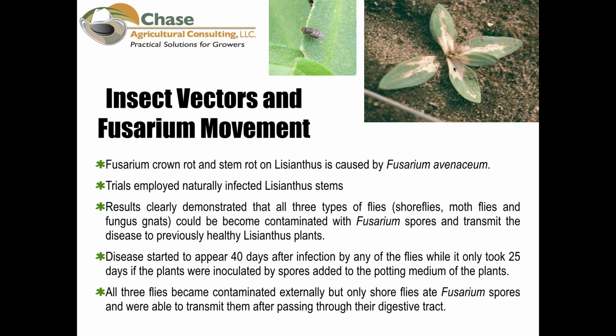And they did pass through, they were alive, and they actually transmitted disease that way. So controlling insect vectors on some of these Fusarium diseases may be the key for them to be controlled. And keeping in mind that it's making things even more complex for you, unfortunately, in a Fusarium disease situation.